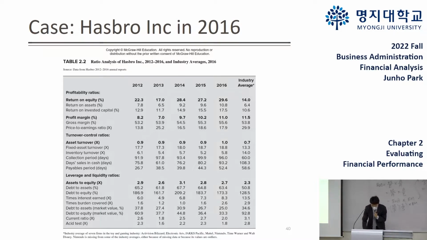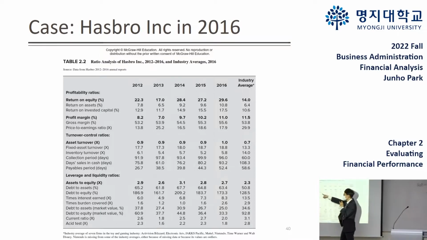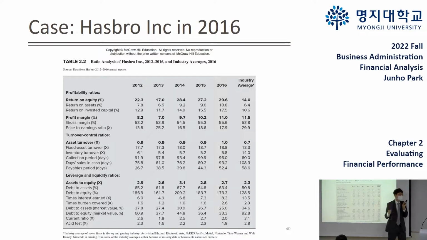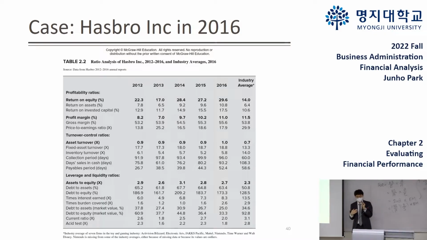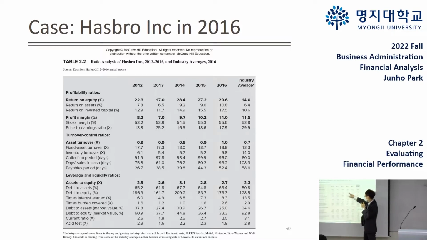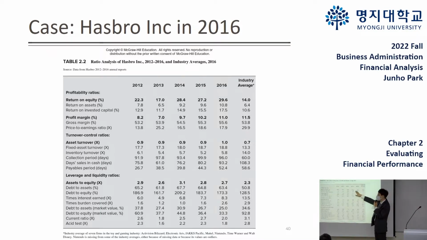If we check the ROIC, remember that ROIC removes the effect of leverage and focuses on the actual operation. ROIC is also higher in Hasbro compared to the industry average.